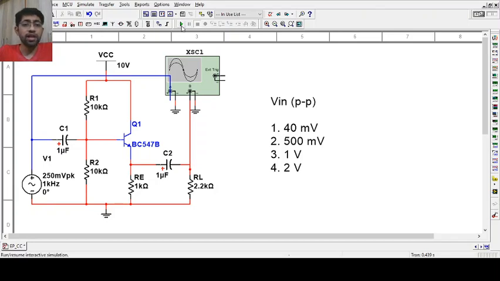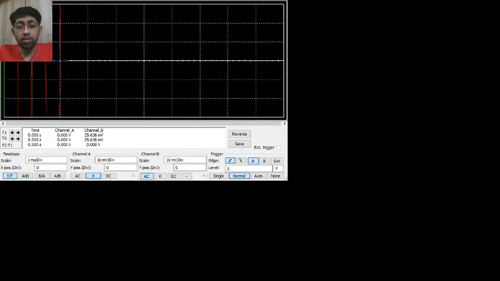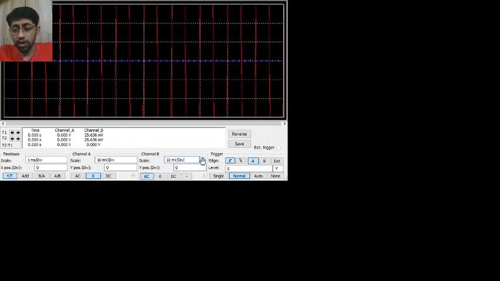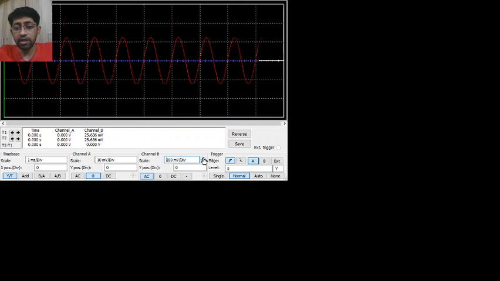So if we rerun it, and once again let us try to observe the CRO. So if we try to observe this oscilloscope, here you can see that the red one is your output, and if I set the scale properly, you can see that this is your output signal.